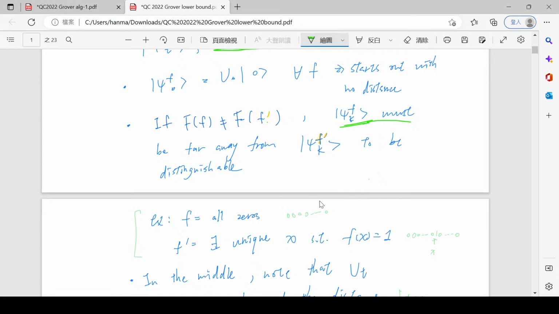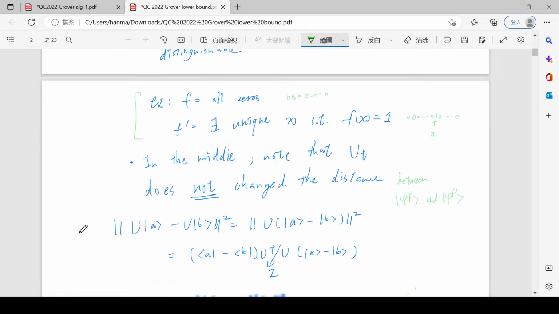So if you want to stay very close to this thing, but still have a 1 somewhere, then just have a 1 somewhere. So f prime is a string that has a unique x such that f of x equals 1. It's a string that's 0 everywhere, but at this x place, you have a 1. Okay.